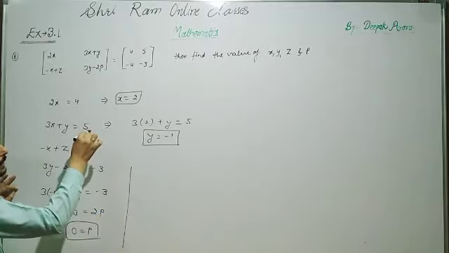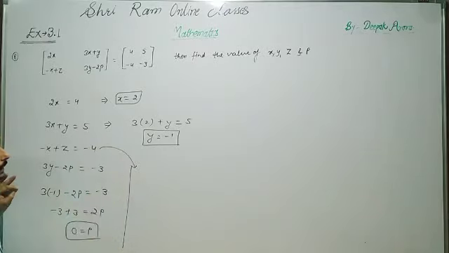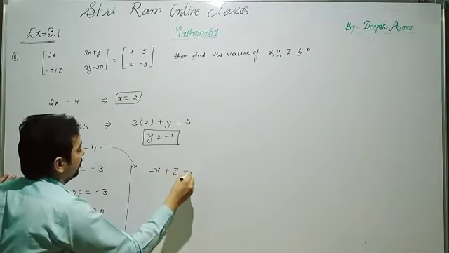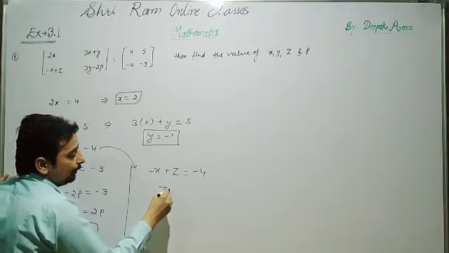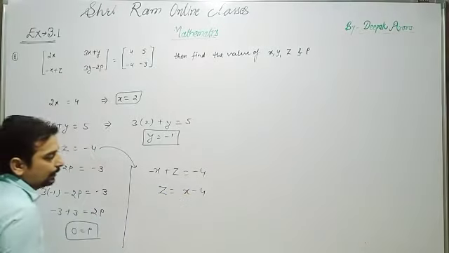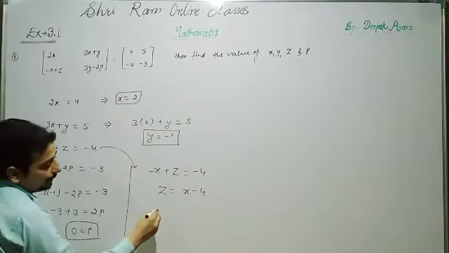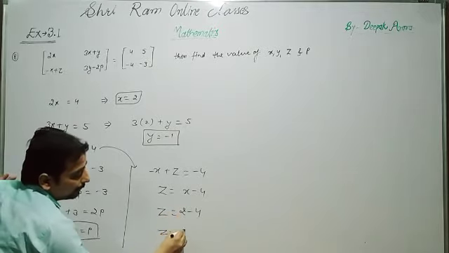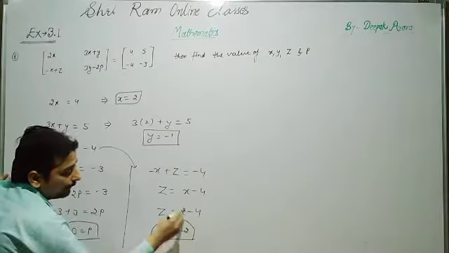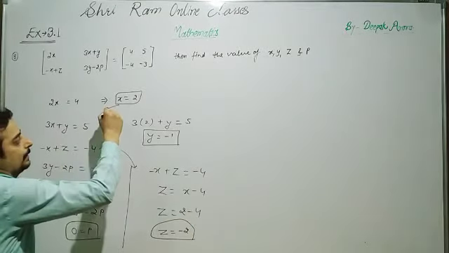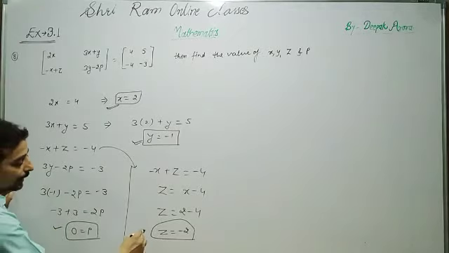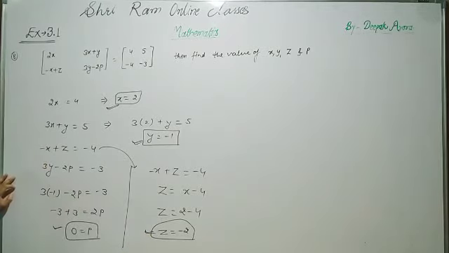And the third equation is minus x plus z equals minus 4, then the z value is x minus 4, and the x value is 2, so 2 minus 4, then the z value is minus 2. Then we have solved: the value of x is 2, y is equal to minus 1, p is equal to 0, and z equals minus 2.